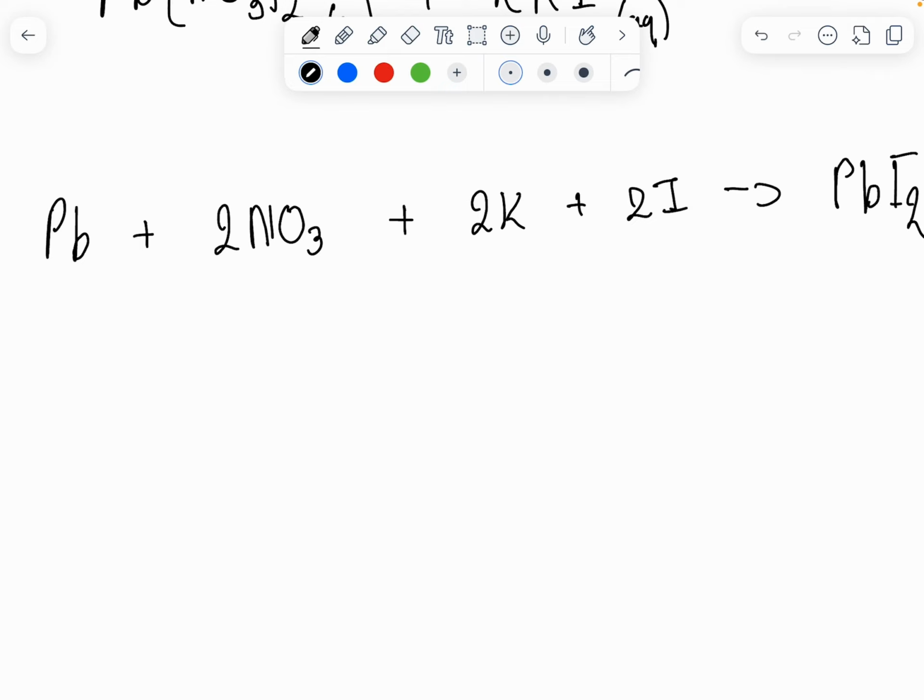Lead, it's a part of group 4. So we just have to memorize the valencies again. So NO3's valency is, I think, NO3 minus. I will just check that. Valencies are something that needs to be memorized. Yes, it is NO3 minus.